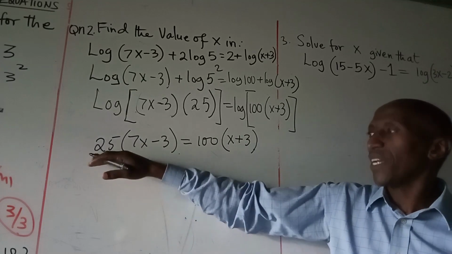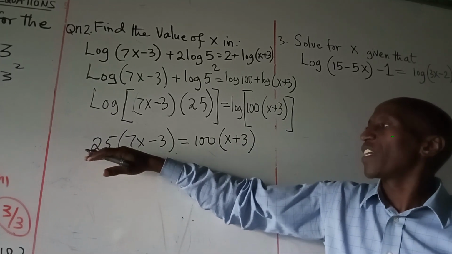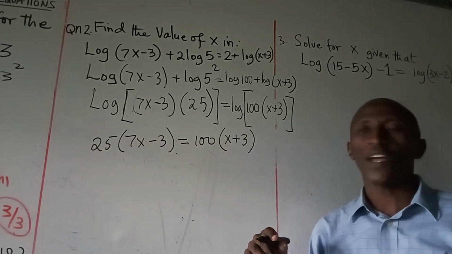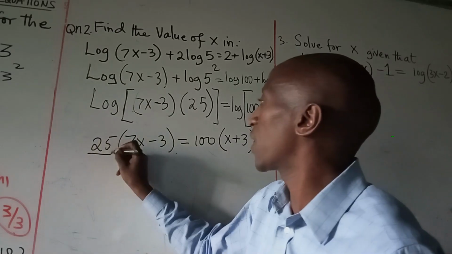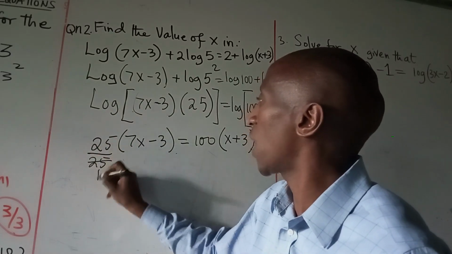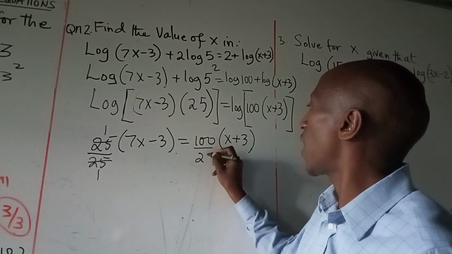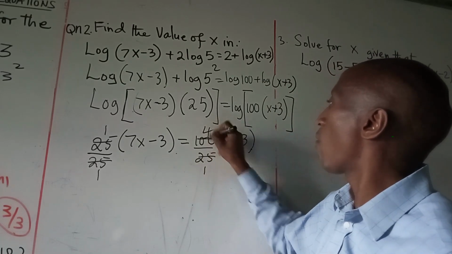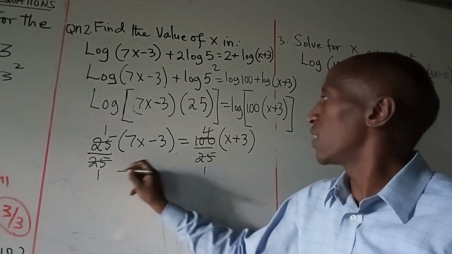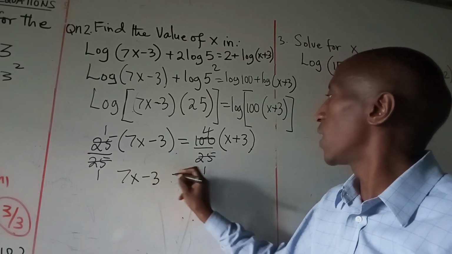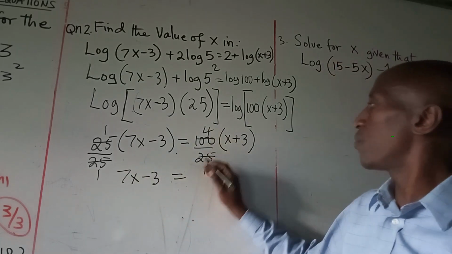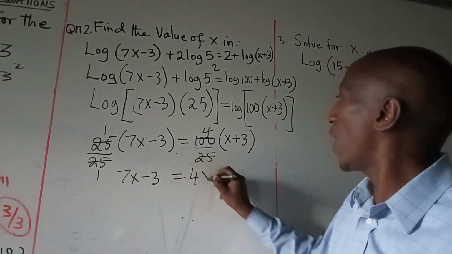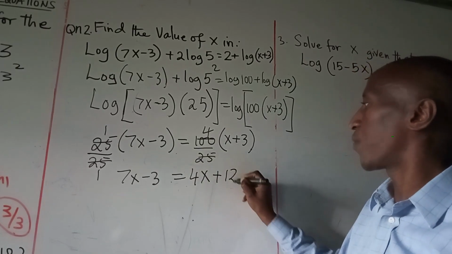Now we can make it more simple by dividing by 25 on both sides, so that this comes to be 1, and 100 divided by 25 gives you 4. So that gives us 7x minus 3 is equal to, we work out and we have 4x plus 12.